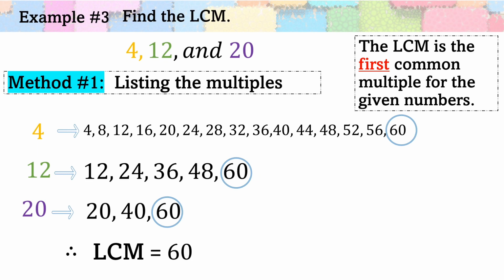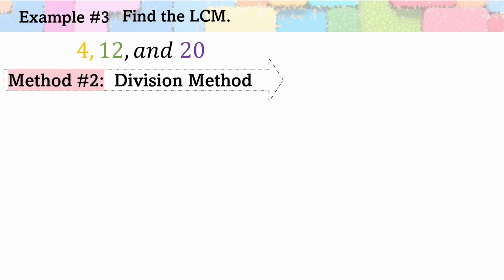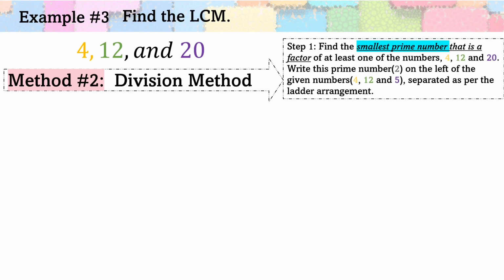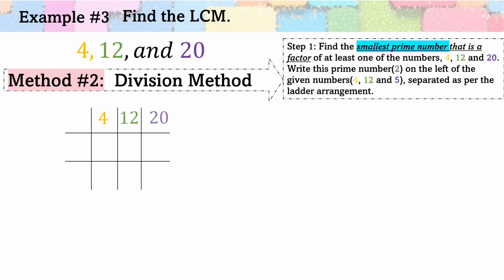Okay, method 2. Step 1, find the smallest prime number that is a factor of at least one of the numbers 4, 12, and 20. Again, it's also 2. So write the factor on the left of the given numbers, separated by the ladder arrangement. Then perform the operation.